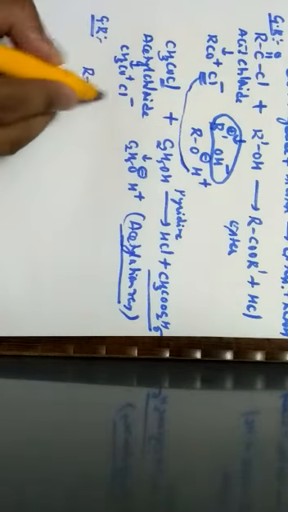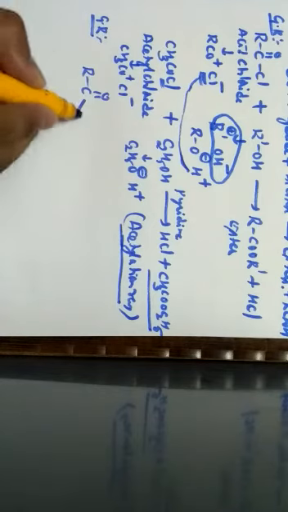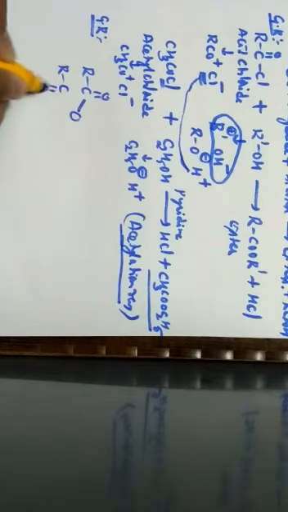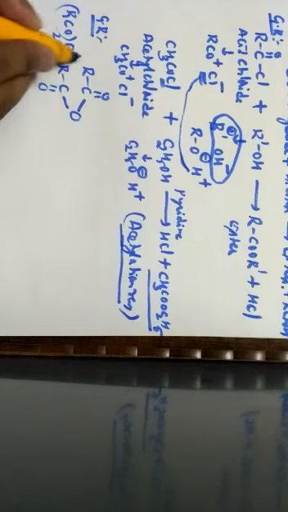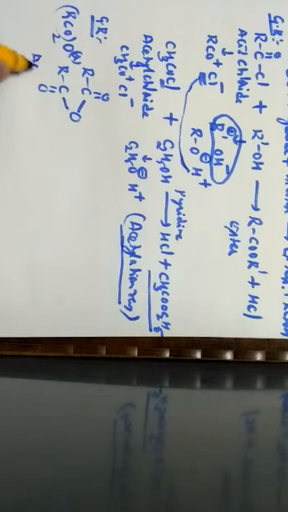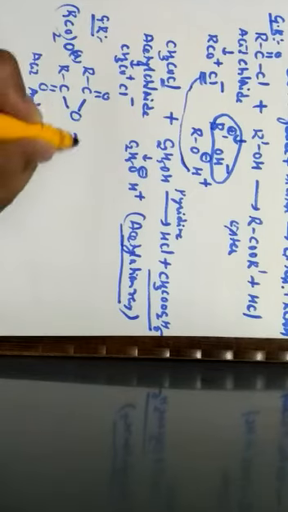This acid anhydride is represented by the formula RCO twice O, or it can also be represented in this way, which is called an acid anhydride.